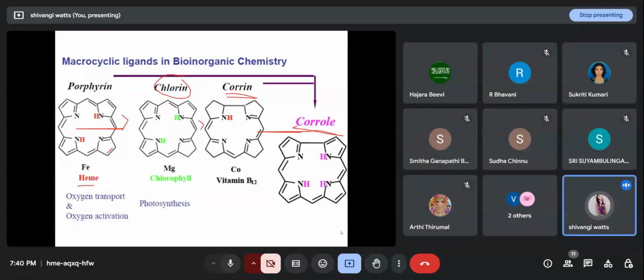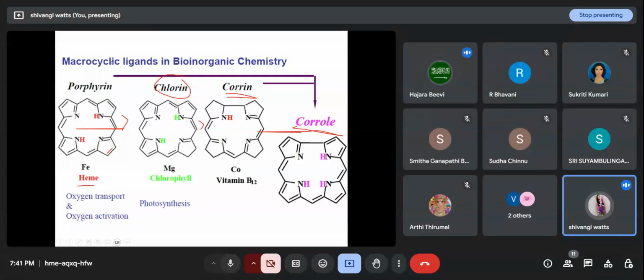That's why I kept this slide, because in heme a porphyrin ring is present. Porphyrin ring, if you see, is highly conjugated: double bond, single, double, single, like that. There is no breakage of conjugation in this ring, right? This is a fully conjugated ring.